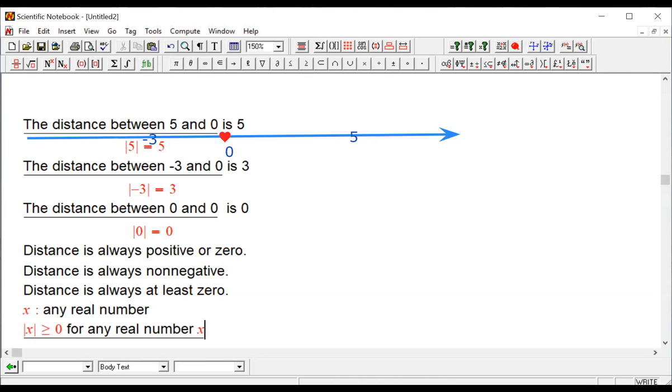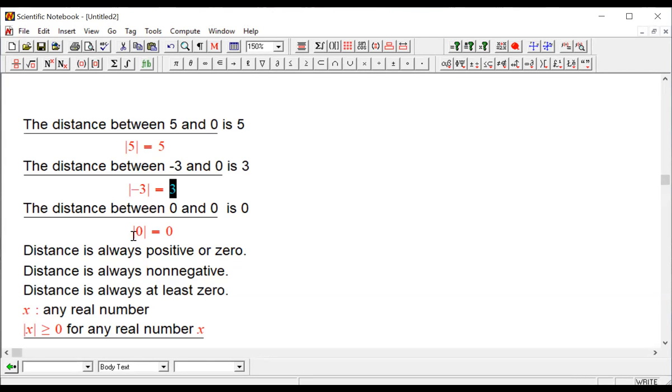Now we can talk about the absolute value function. We have realized the absolute value of a positive number is the same as the number. The absolute value of a negative number is its opposite.